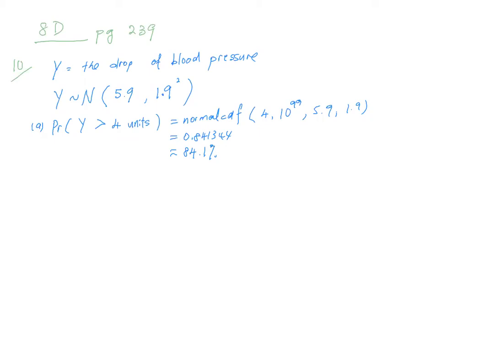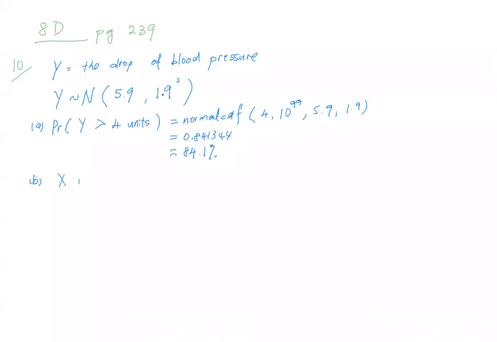This is from a normal, you go to a binomial. So they say 8 people taking the course of tablets are selected at random. So find the probability that at least 6 of them will show a drop in blood pressure of more than 4 units. So now we have another variable.